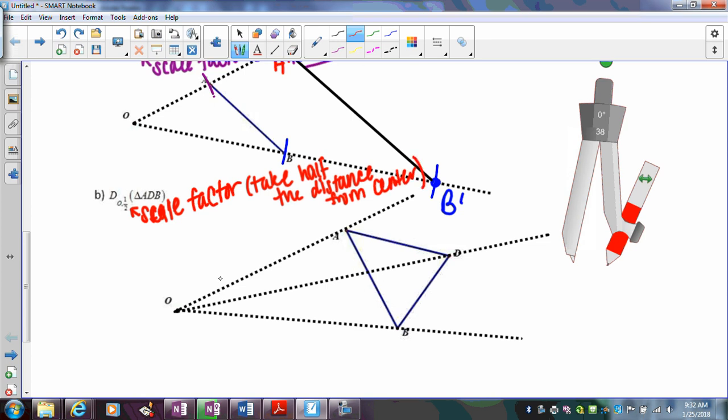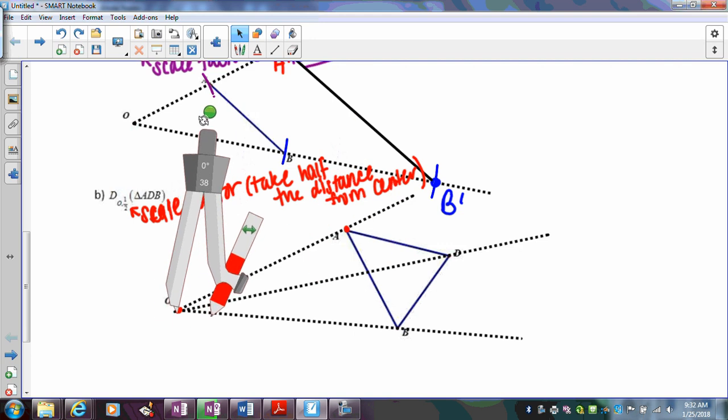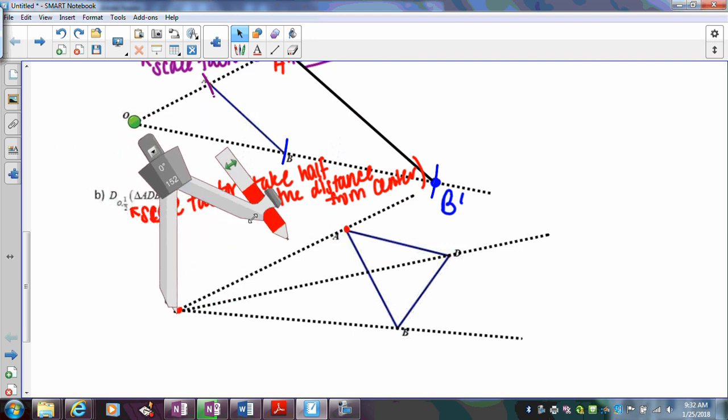If you think about measuring from O to A, now you need to do half of that. In order to do half the distance from O to A, the only construction that we know to find the middle is the perpendicular bisector construction. So from O to A, let's start with that. We're going to take our compass and go more than halfway and use the perpendicular bisector construction.